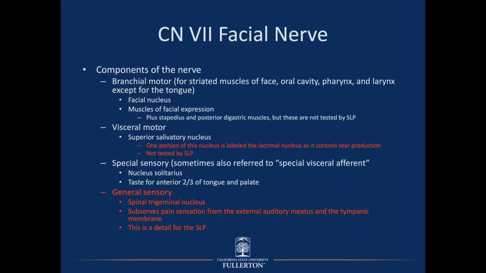The tongue actually started to grow down here from a somite, which grew the muscles in the rest of your body, and then kind of migrated up and ended up there, and it dragged the neurons with it. So it's a little bit different, but it doesn't matter for our understanding as clinicians. Branchial motor neurons innervate striated muscles up here, except for the tongue.